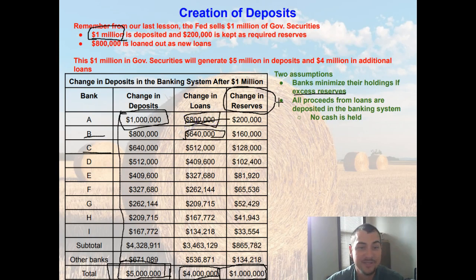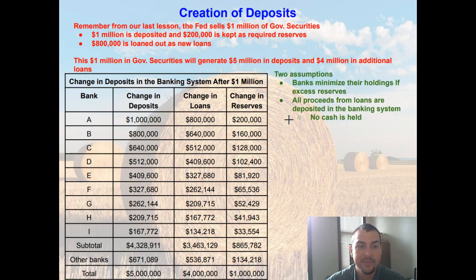The second assumption is that all proceeds from the loans are deposited back into the banking system. So what that means is we loan out this first $800,000, and that $800,000 is used to buy everything. The people borrowing the loans use all $800,000 to buy everything that they need, and they don't keep any of it. No cash is withheld.